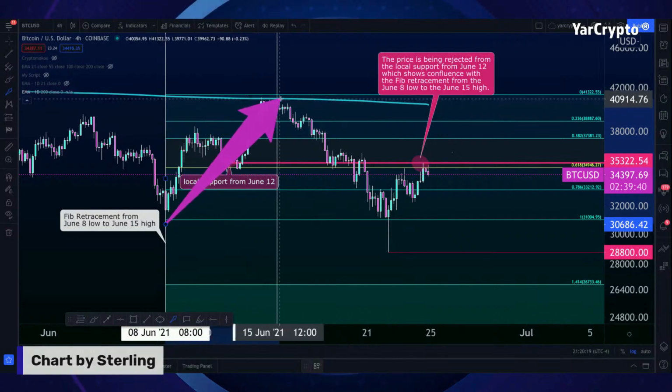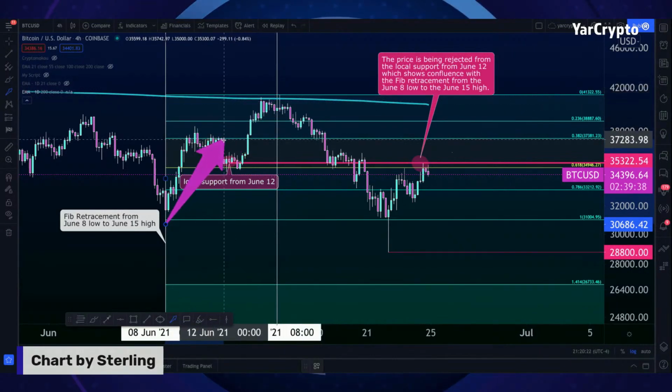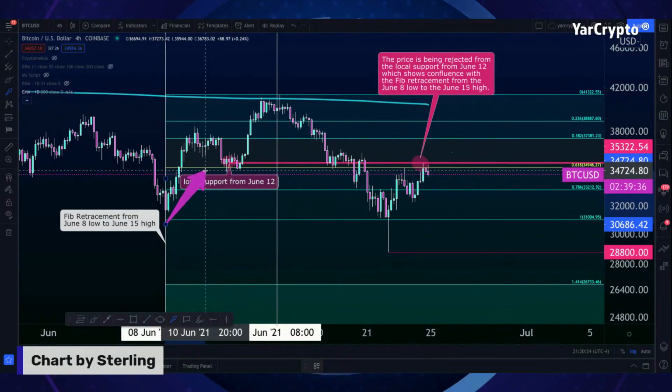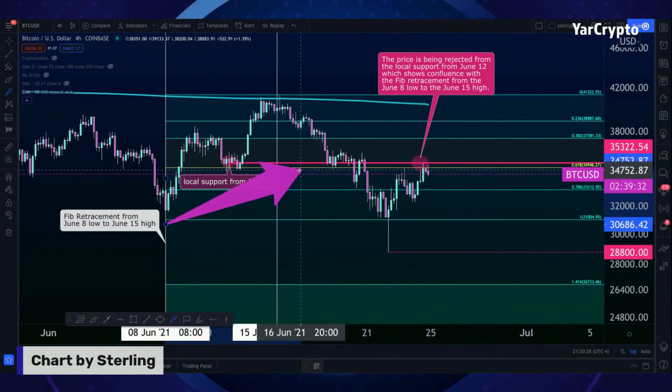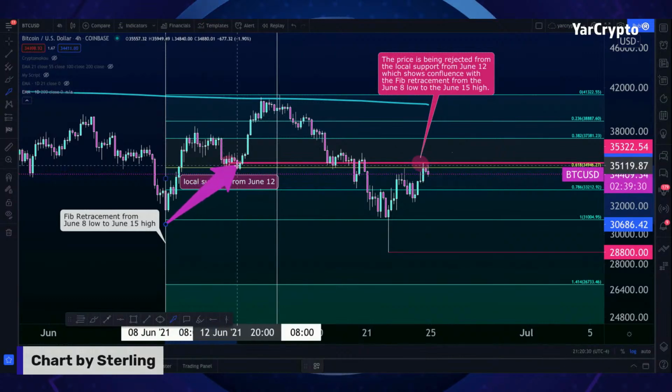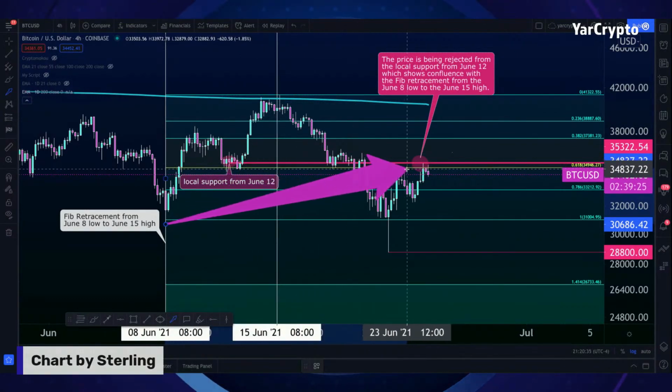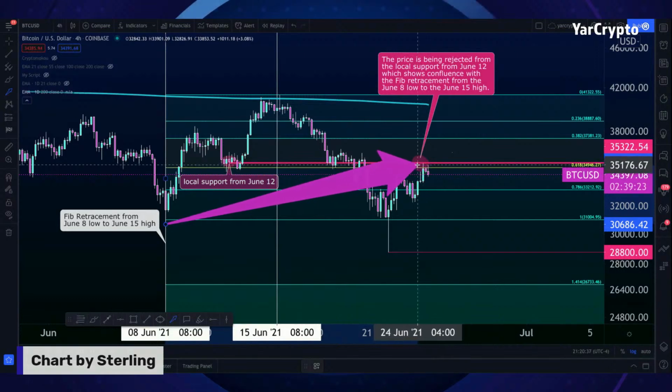Once I made that retracement, it gave me the 618 fib level, which is this golden yellow line. That's also confluent with the support that we found on June 12th. So that 618 is also confluent with the resistance that we're seeing right now.